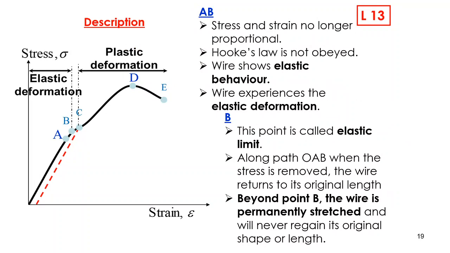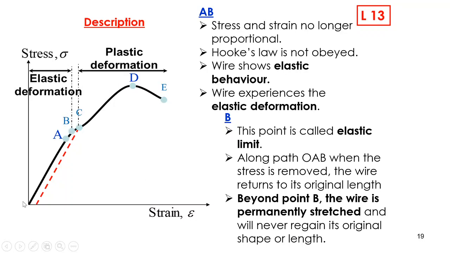For point A to point B, along this line AB, stress and strain are no longer proportional, and Hooke's law is not obeyed, but the wire still shows some elastic behavior because it's still in the elastic deformation region. B is the point known as elastic limit.